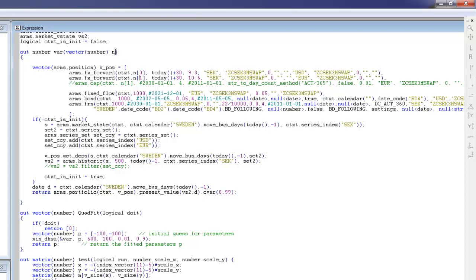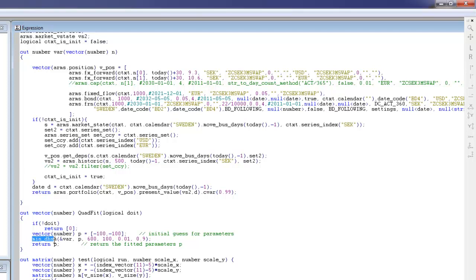So we have a variable notional for these both positions. And this is what we're going to optimize over.